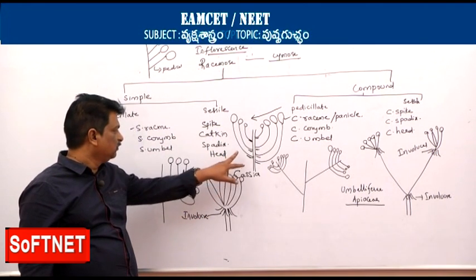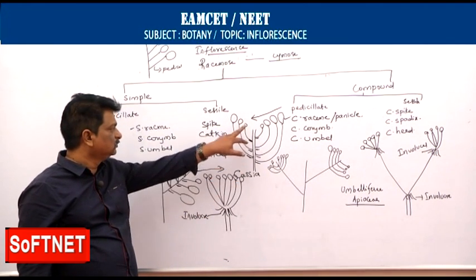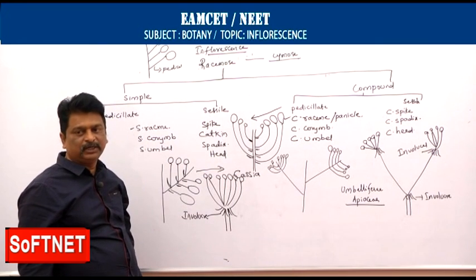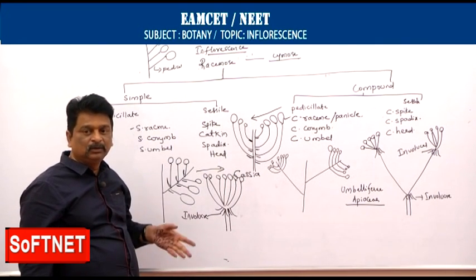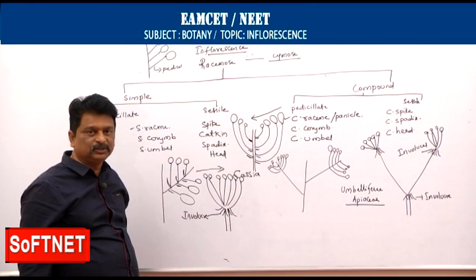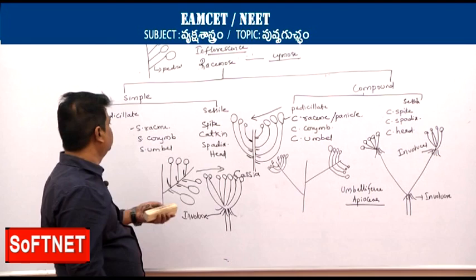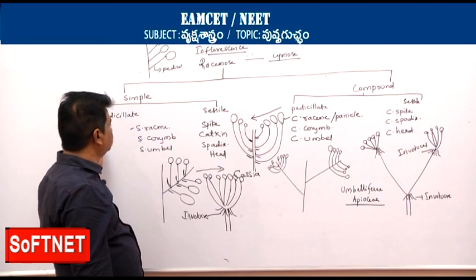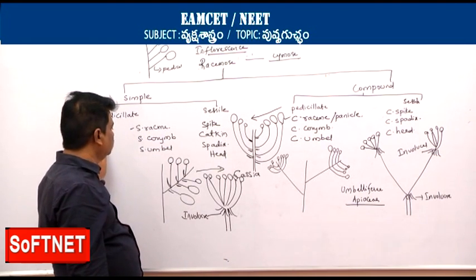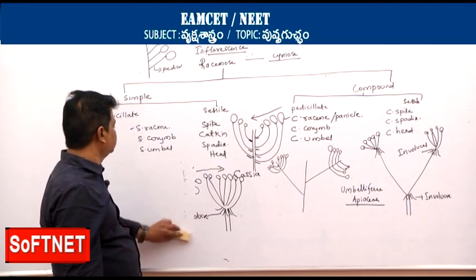In corymb, flowers produced at different nodes are brought to the same height. In umbel, flowers are produced at the same point and brought to the same point. These are racemose and pedicellate inflorescences.